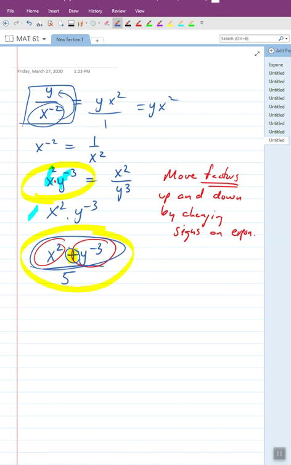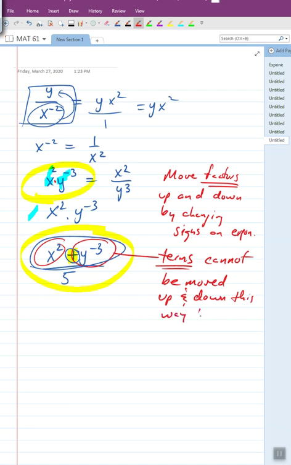In fact, what are these guys here? Aren't they terms? Things that are added and subtracted together that are terms instead of factors? Terms cannot be moved up and down this way by moving or changing the sign of the exponent.